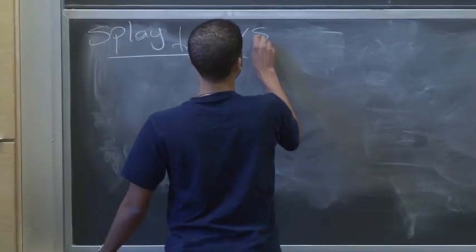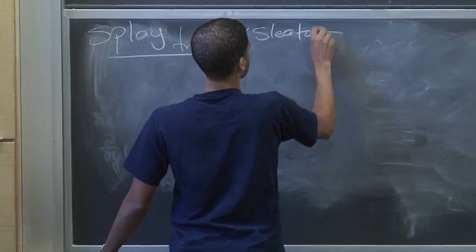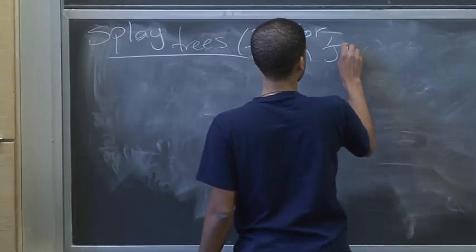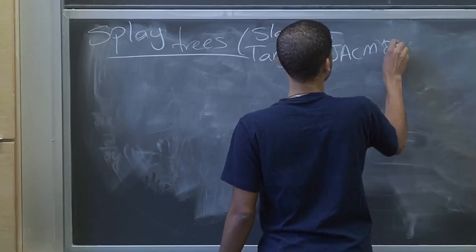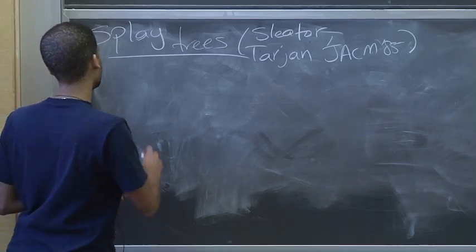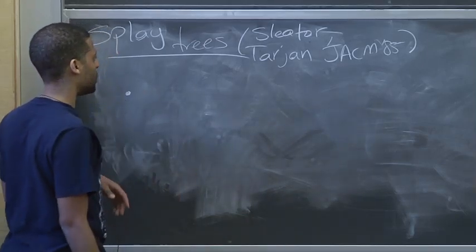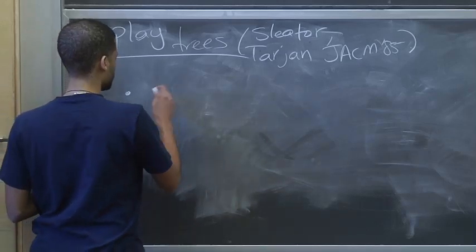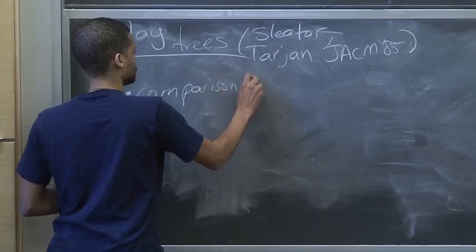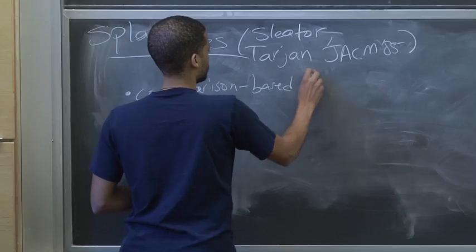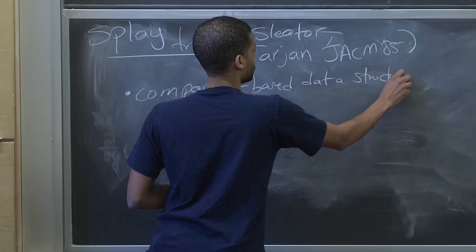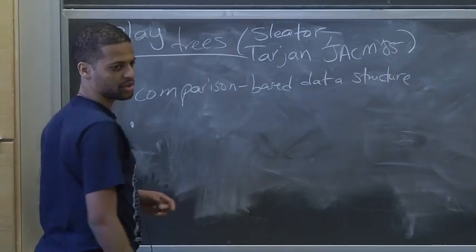These are due to Sleator and Tarjan. I think it's '85. In this problem, we have a comparison-based data structure, and we support two operations.